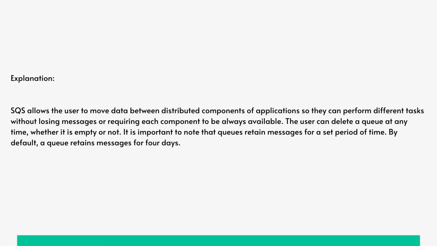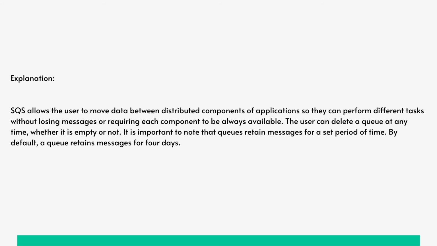Explanation: SQS allows the user to move data between distributed components of applications so they can perform different tasks without losing messages or requiring each component to be always available.